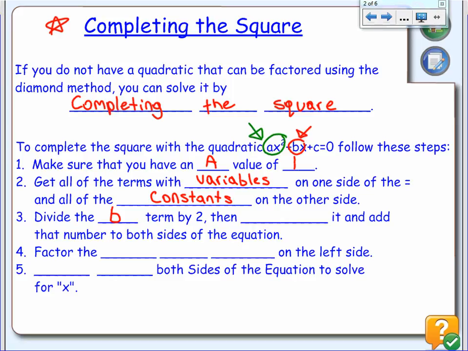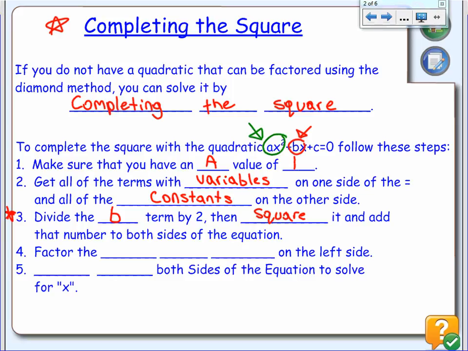They take that b term, they divide it by 2, and then they square it. And after they square it, they add that resulting number to both sides of the equation. That sounds strange. Step 3 sounds strange right now. I'll show you how it looks, and it'll look much easier than you think.